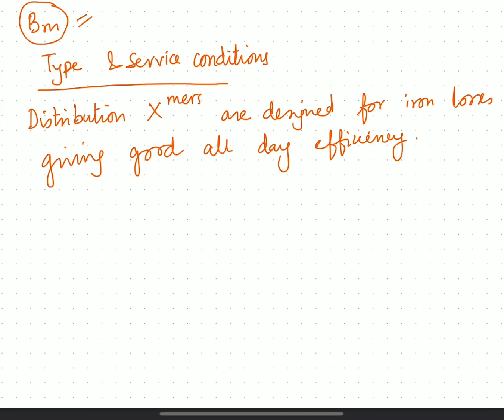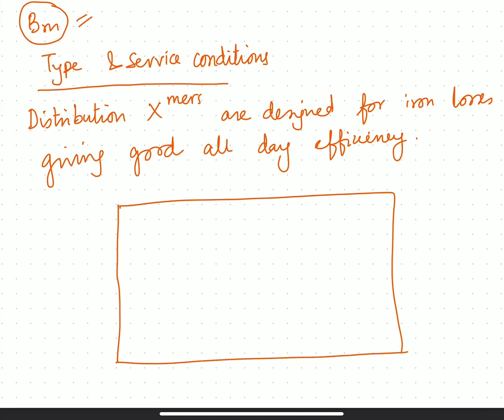And again, we have some data on the typical distribution of flux density. We have the type, and then we have BM on the right hand side.